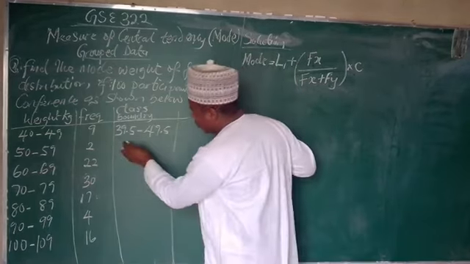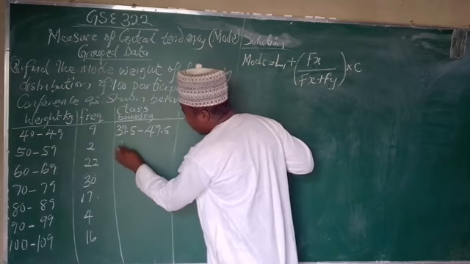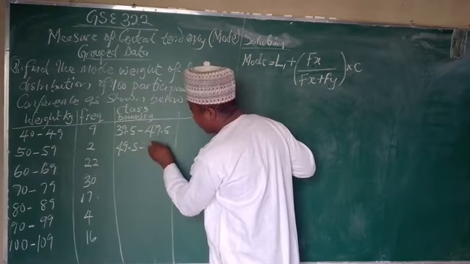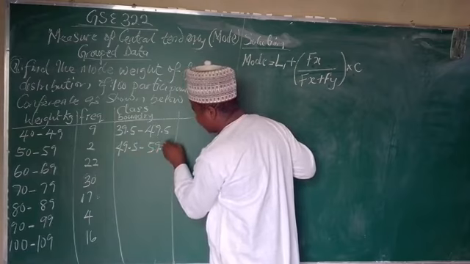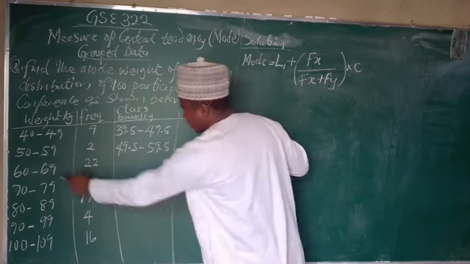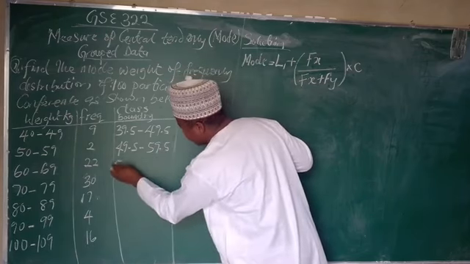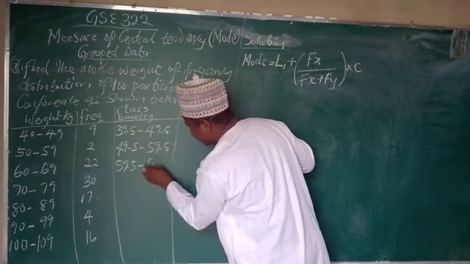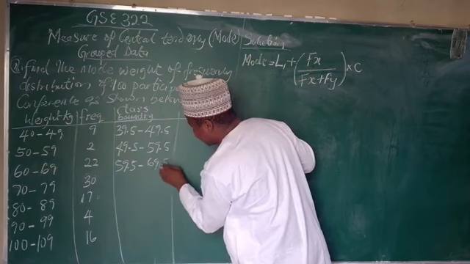Then the next one is 49.5 to 59.5. Then the next one is 59.5 to 69.5.